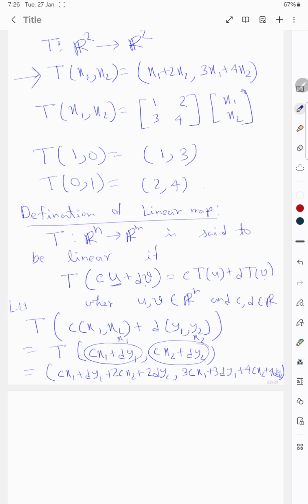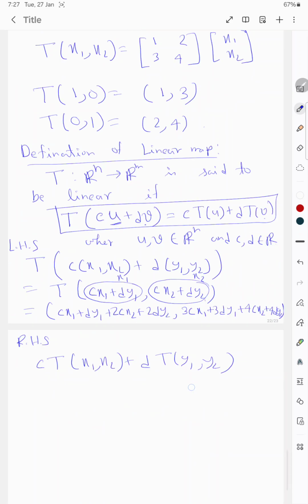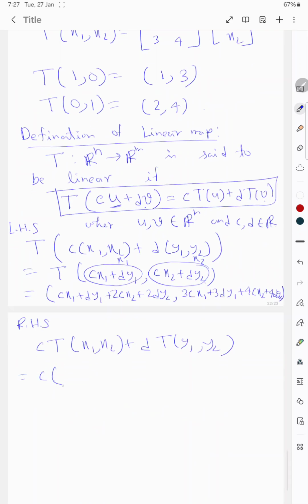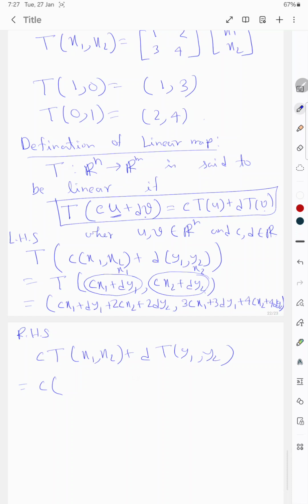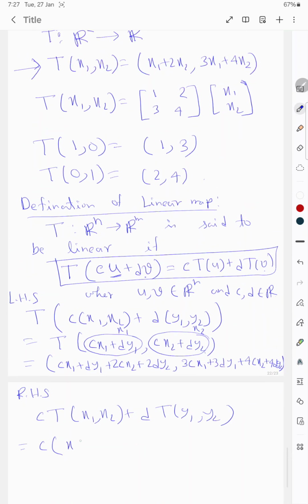Now you just do the right-hand side. What you have to prove here is c times T of x1 comma x2 plus d times T of y1 comma y2, because that is your target. So you check, and it will definitely be satisfied. c times x1 plus 2x2 comma 3x1 plus 4x2, plus d times y1 plus 2y2 comma 3y1 plus 4y2.